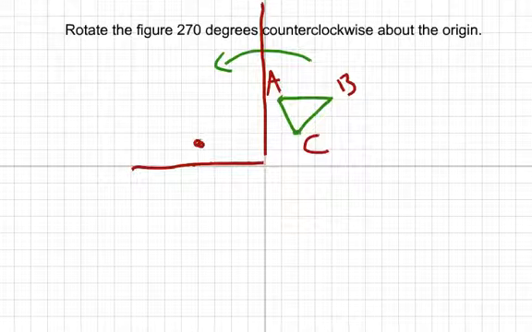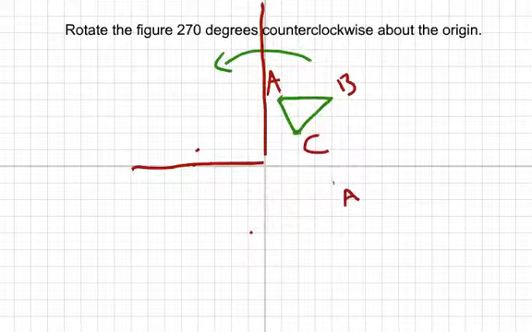That's only a 90-degree counterclockwise turn. We have to go 270. So that's 90 degrees, and this would be 180, and then this one would be 270. So let me make sure I counted right. 1, 2, 3, 4, 1, 2, 3, 4, 1, 2, 3, 4. Yes. All right, so this is our new A.